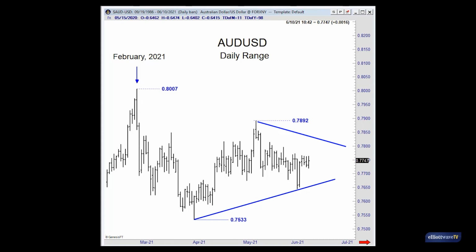So over the coming weeks, we will be paying close attention to the key level at 0.7533 and watching to see what pattern develops and if this year's strong uptrend manages to take out the resistance area at that 80 handle.